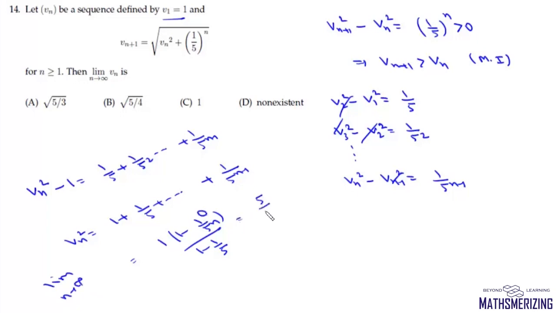So this value will be simply 5 by 4. So limit n tends to infinity Vn square is 5 by 4. Then this limit n tends to infinity Vn will be simply under root 5 by 4, and that's your option B.